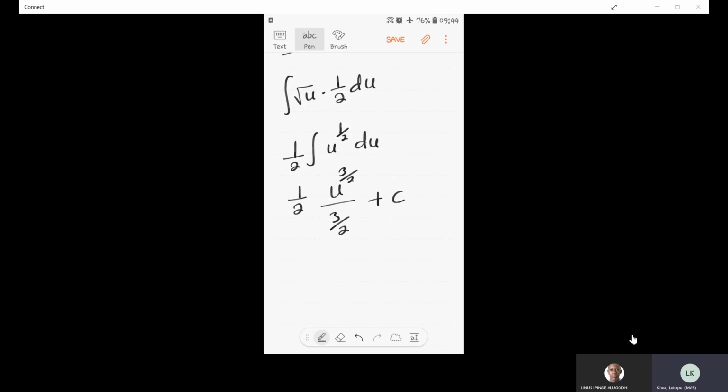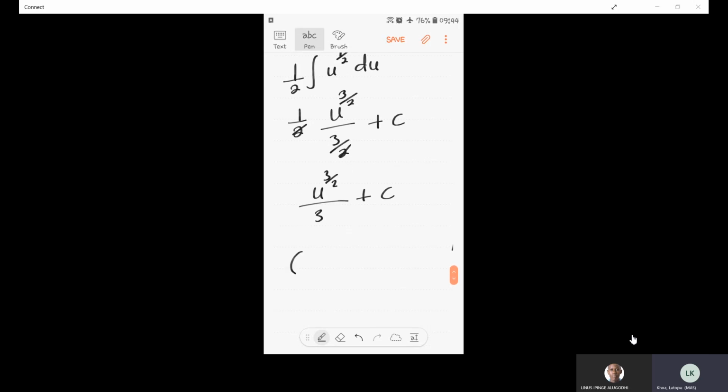This is just equal to 3 in the denominator, because this 2 and that one will cancel. So I'll have u to the power of 3 over 2 over 3 plus c.